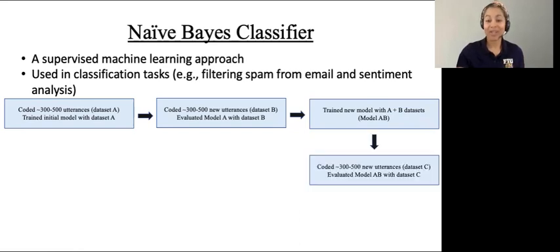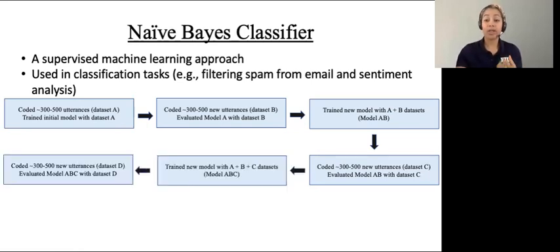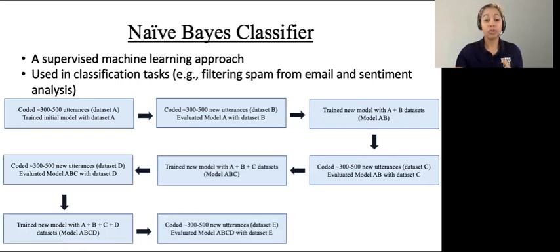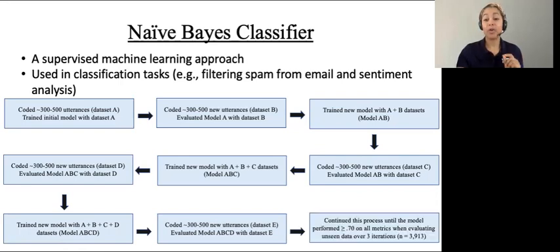So then we coded a new set of utterances, which we'll call C, and evaluated model AB with dataset C. And this process was repeated. After we evaluated a model with unseen data, it then became a part of the new training data set. And then a new set of utterances were coded and used as the new test data set. And so we did this until the model performed at or greater than 0.70 when evaluating unseen data for 3 consecutive iterations.